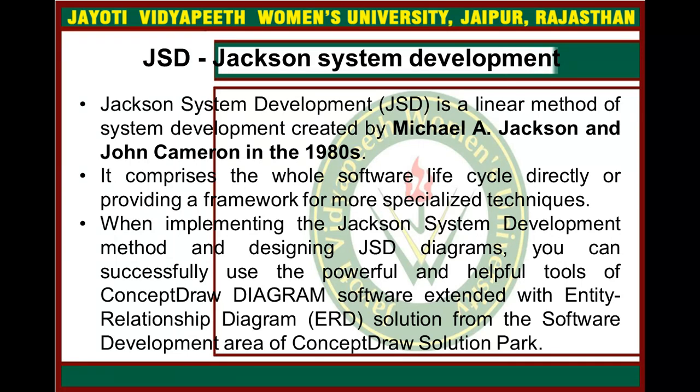When implementing the Jackson System Development method and designing JSD diagrams, you can successfully use the powerful and helpful tools of ConceptDraw Diagram software extended with the Entity Relationship Diagram, that is ERD solution, from the software development area of ConceptDraw Solution Park.